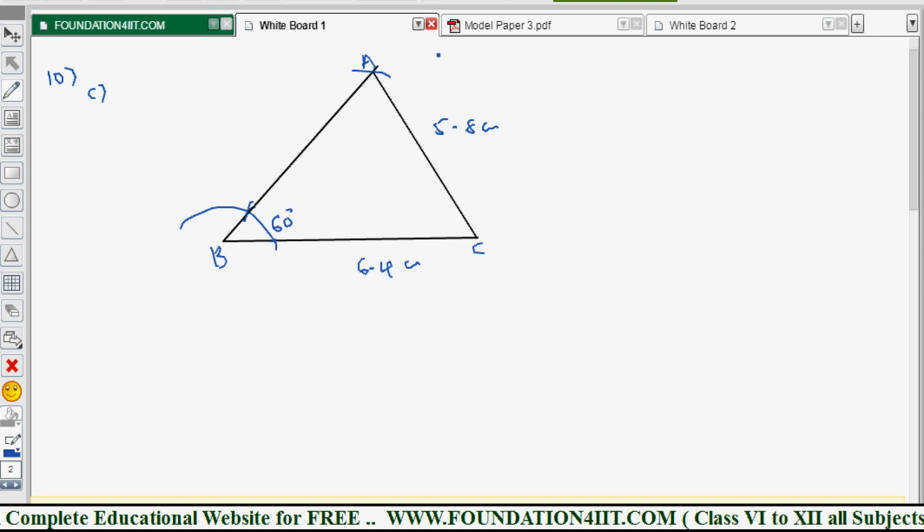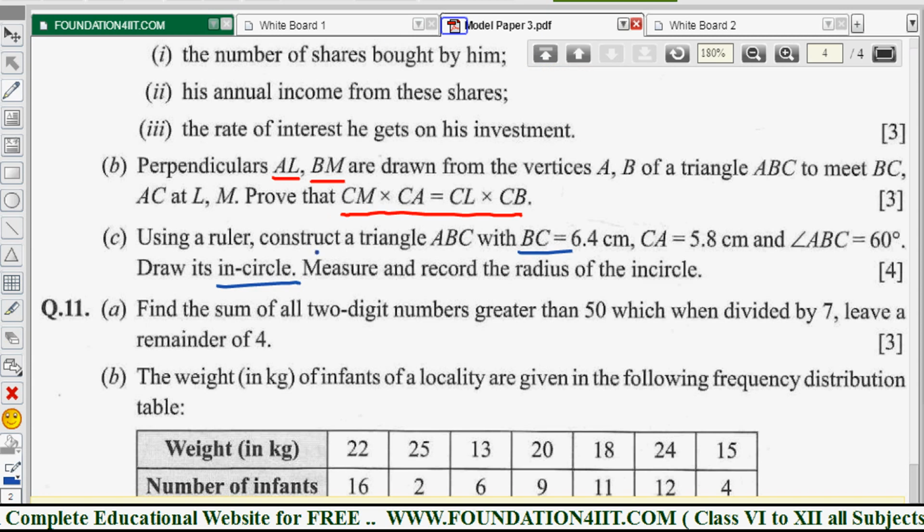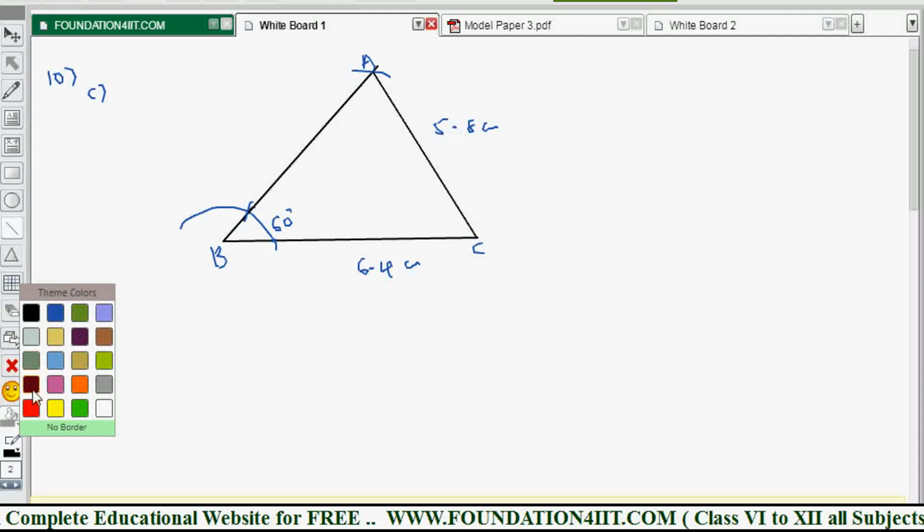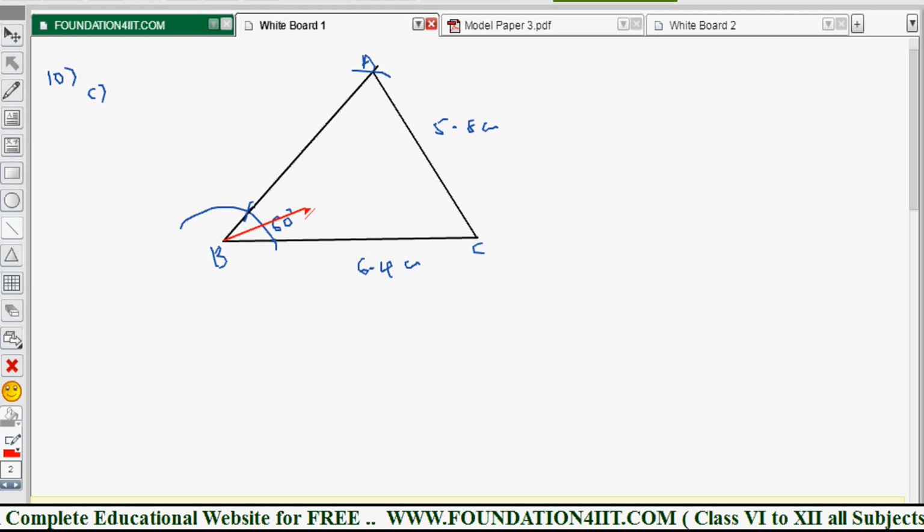Right. And for this, you need to construct the incircle. If you want to construct the incircle, we need angle bisectors. Two angles you should bisect: angle B and angle C. So bisect the angles, that means you get two arcs.